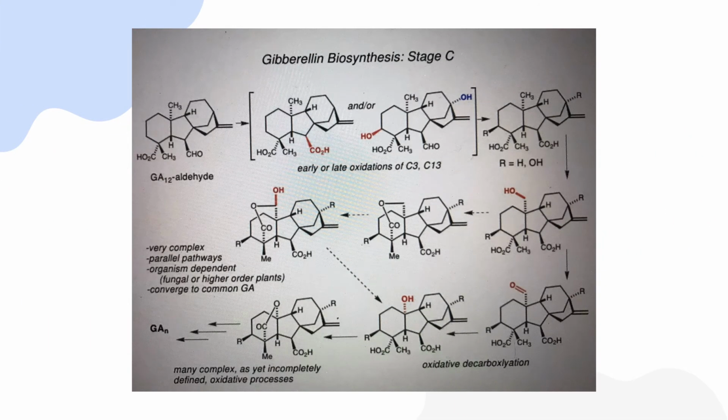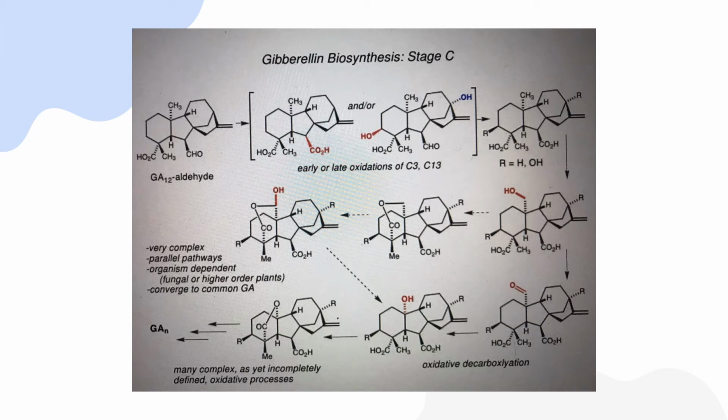The third and last step in gibberellin biosynthesis is the formation in the cytosol of all other gibberellins from GA12 or GA53. All subsequent steps in the pathway are carried out by a group of soluble dioxygenases in the cytosol.